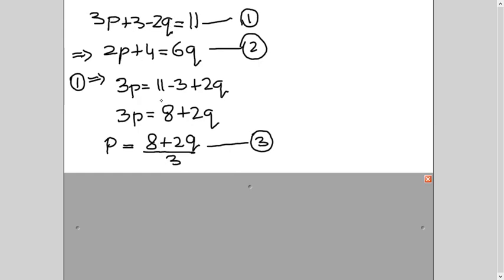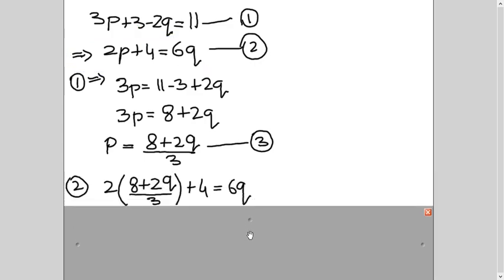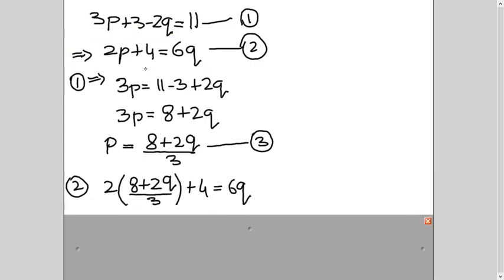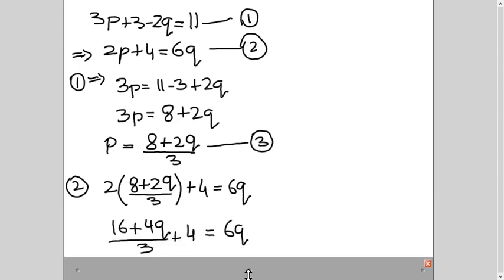Now this value of p, I will plug in here. So it will be 2 multiplied by this whole thing. Okay? See here. Plus 4 plus 6q. And I will simplify it. I am multiplying 2 by this. By the way, sometimes a student makes a mistake and multiplies 2 by the denominator as well. So do not make this mistake. 2 will only multiply by the numerator.